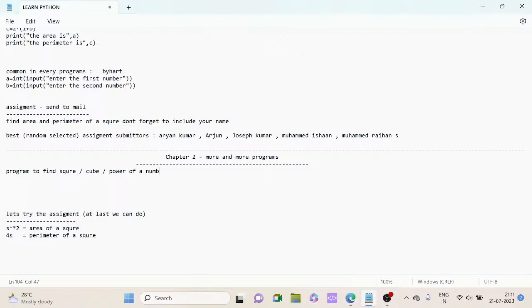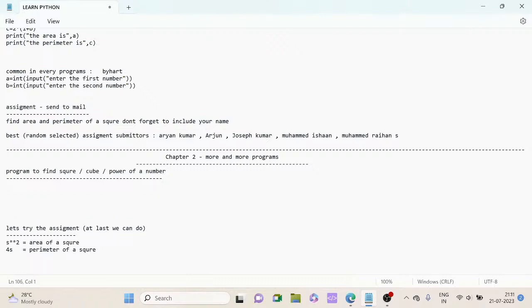Okay, first of all, let's study that. It's simple. This assignment we can do later. So, program to find square, cube, or power of a number.